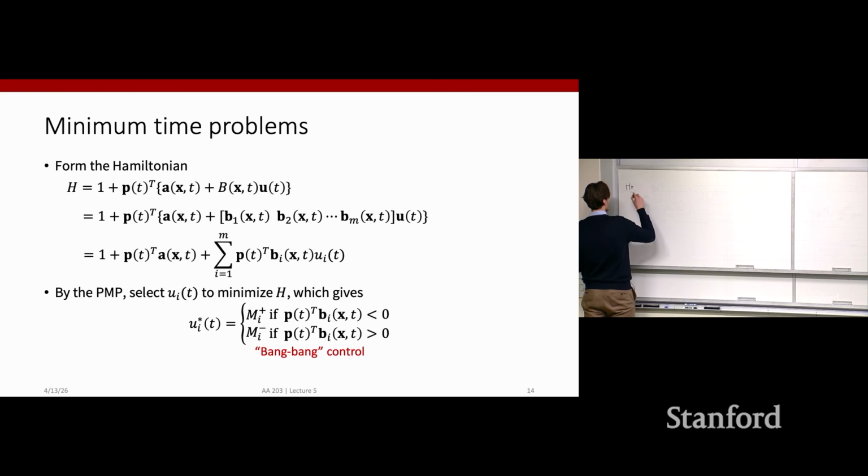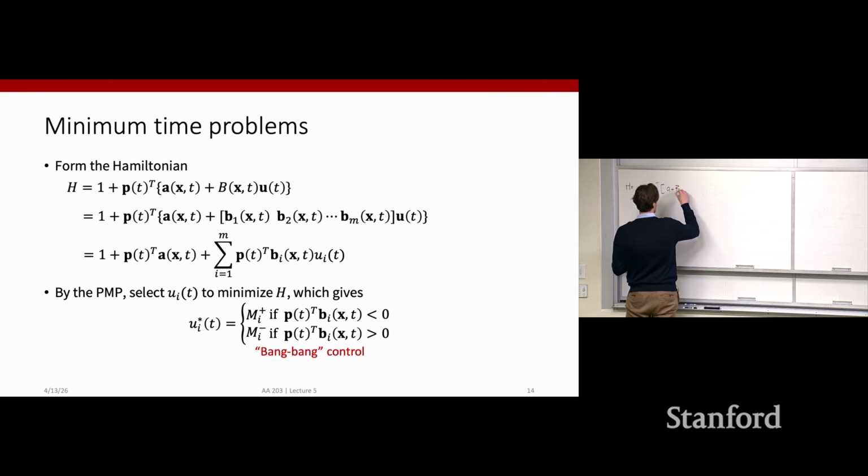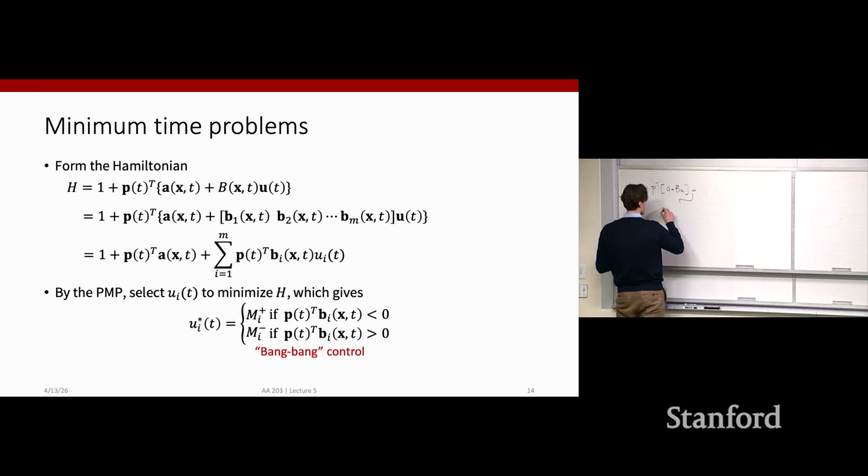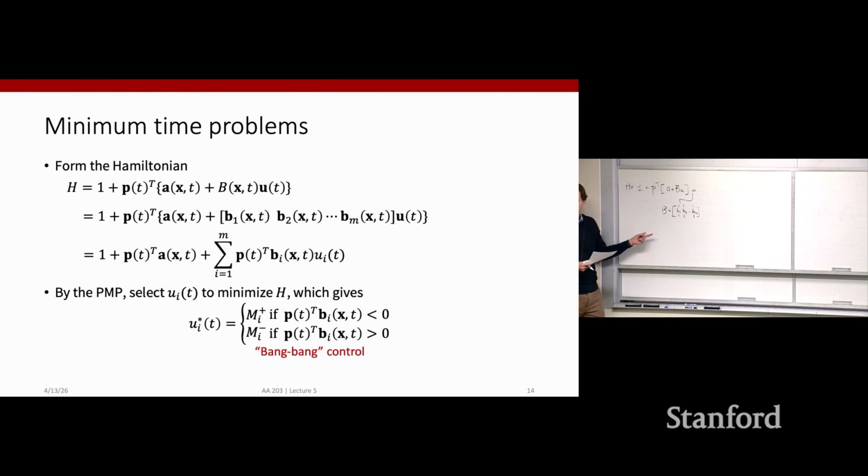The Hamiltonian for us entails the stage cost g, which for us is just 1, plus the costates times our dynamics. And so in this case, it will be p transpose (A plus Bu). Now, just as a notation, here we will express the matrix B in terms of its columns. So we can just rewrite B in this way.